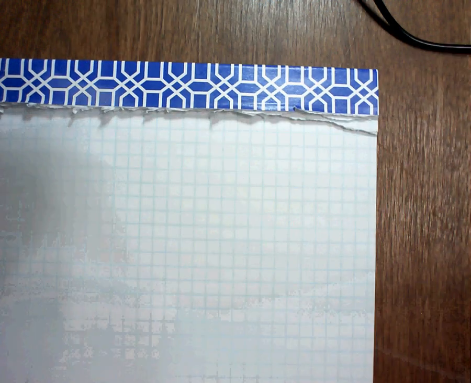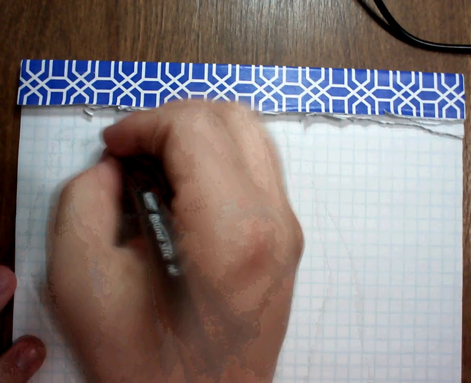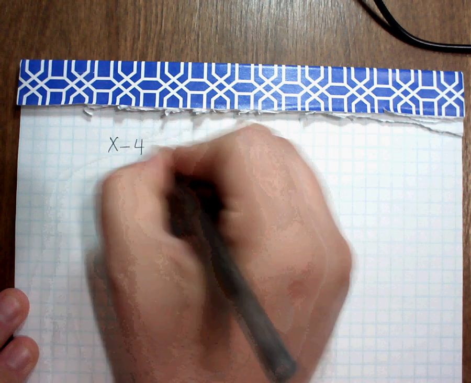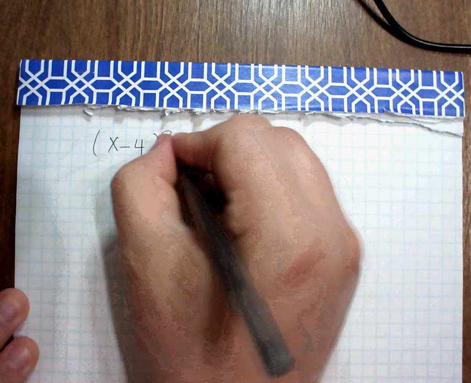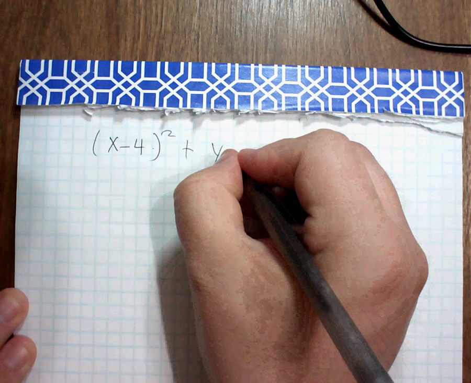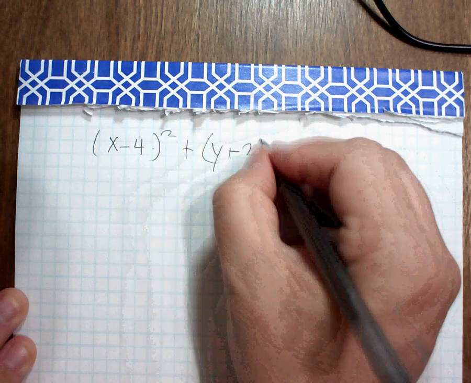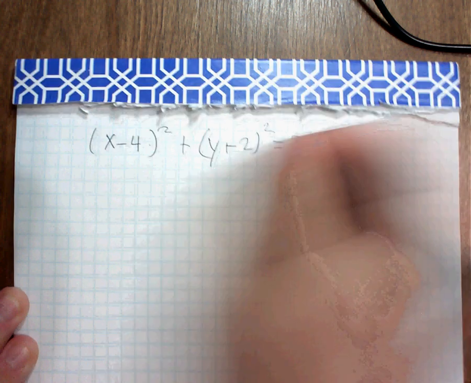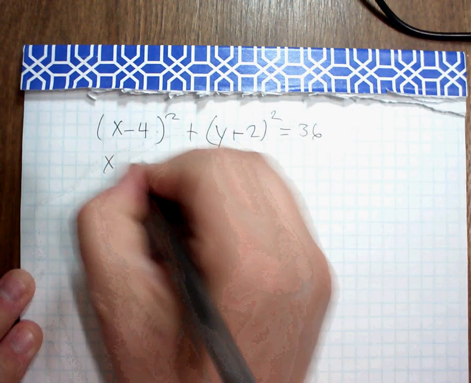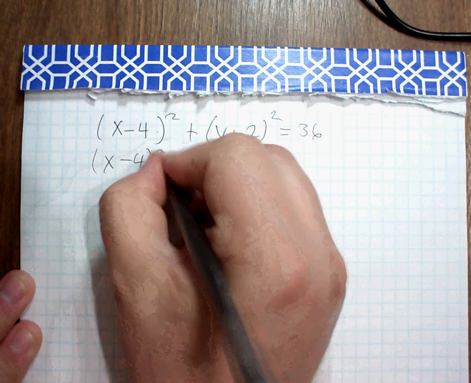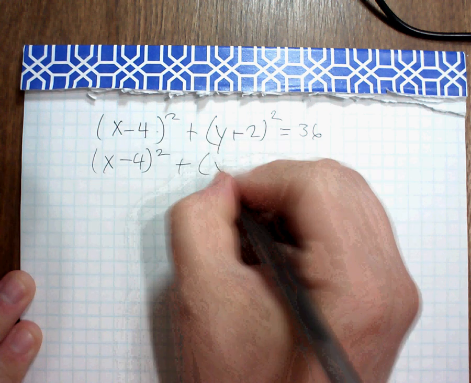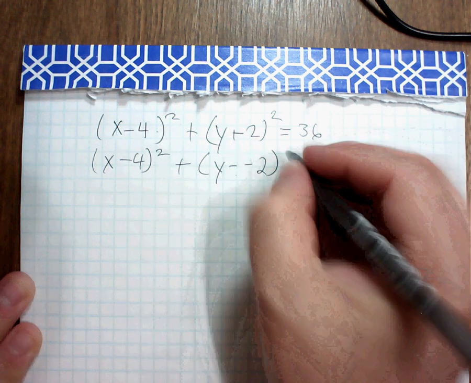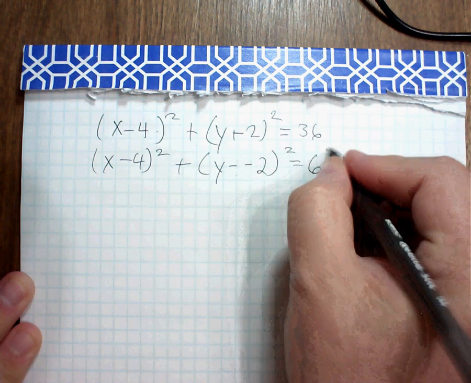So to graph this thing, remember the equation was x minus 4 squared plus y plus 2 squared equals 36. So that means that x minus 4 squared plus y minus minus 2, that's how we get the positive, squared is equal to 6 squared.